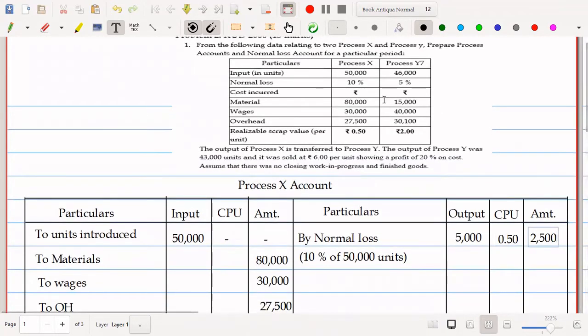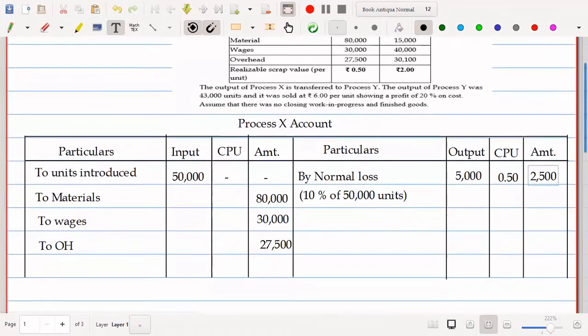That is, whatever input of process Y will be the output of process X. Whatever output is provided by process X will become the input of process Y. So here we have to consider that 46,000 is the output of process X, because this is the input of process Y. So we'll take it here.